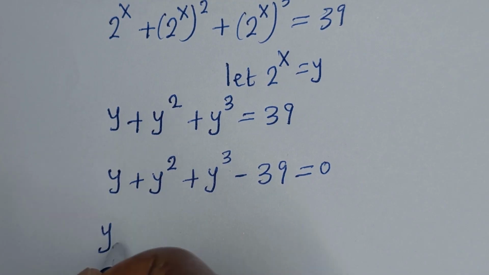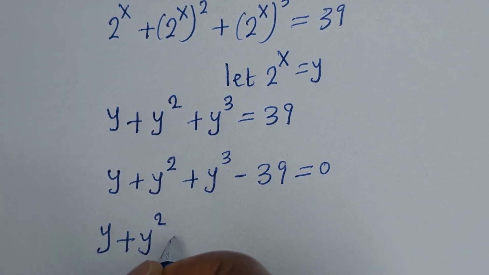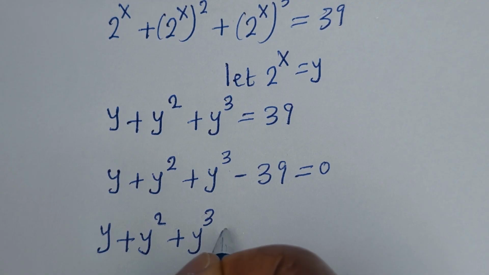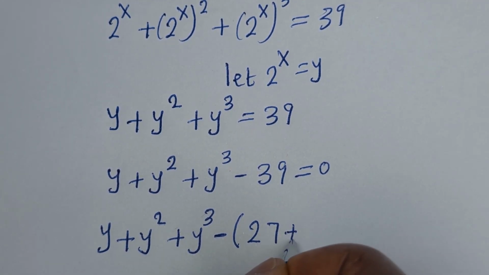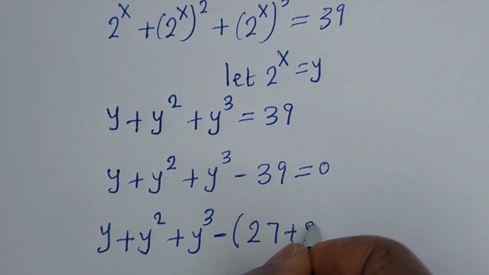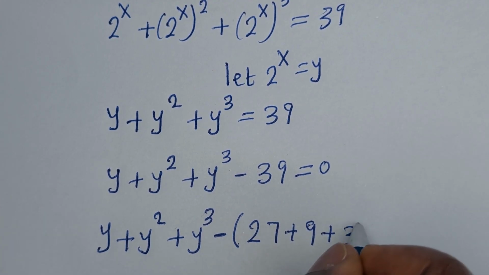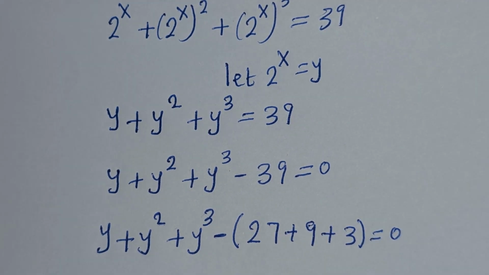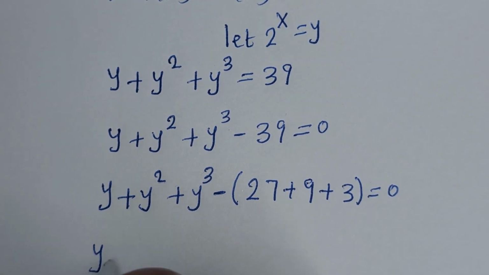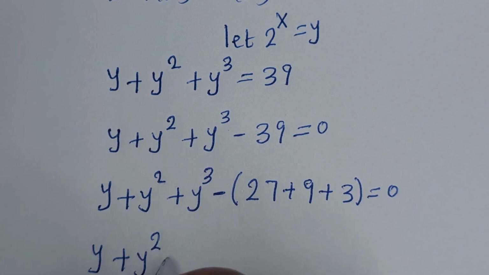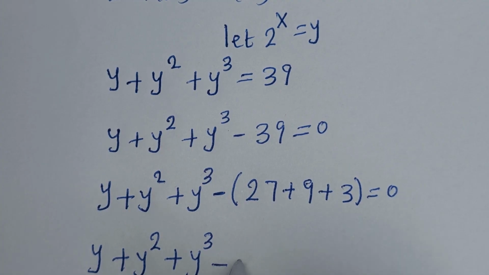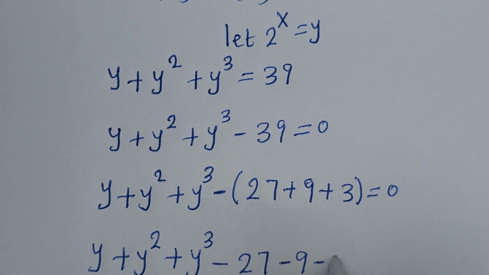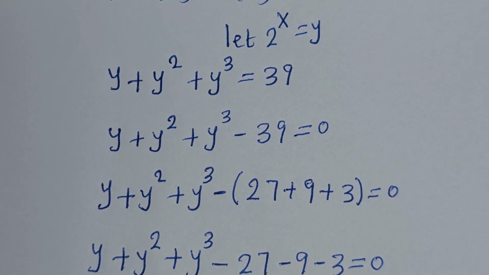And here y plus y square plus y raised to power 3 minus 39 can be written as y plus y square plus y raised to power 3. Let's open the bracket with this minus 27 minus 9 minus 3 is equal to 0.